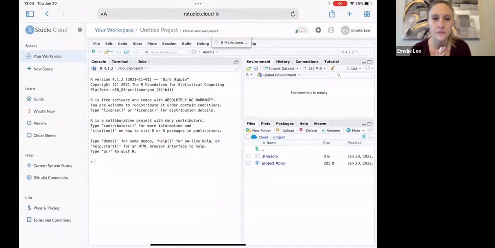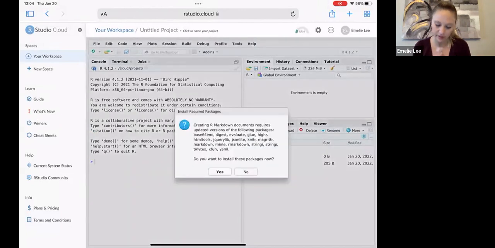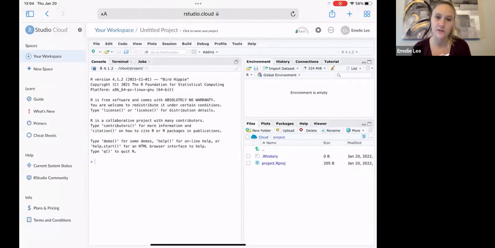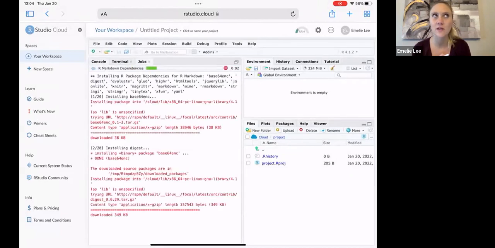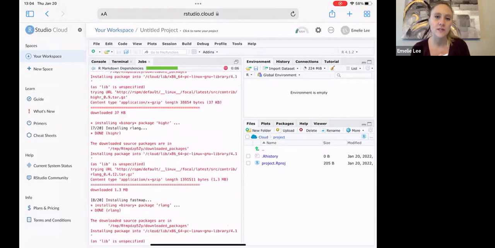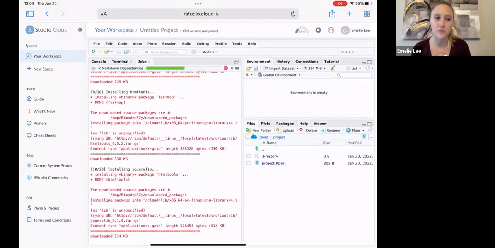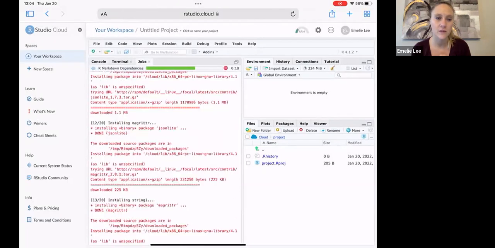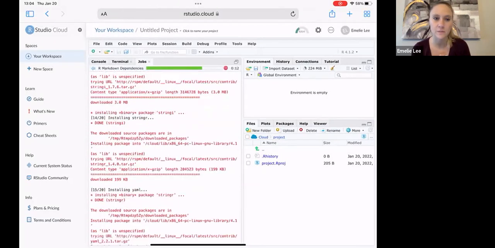Uh-oh. Why is it thinking so much? Yes, I want to install those. It seems like I have to install everything all the time, and maybe if I save it as a proper project, maybe I don't have to, but anyways, this is a new project anyways.